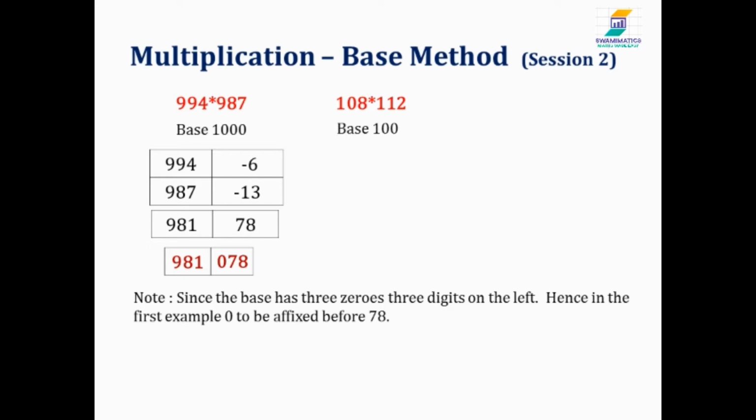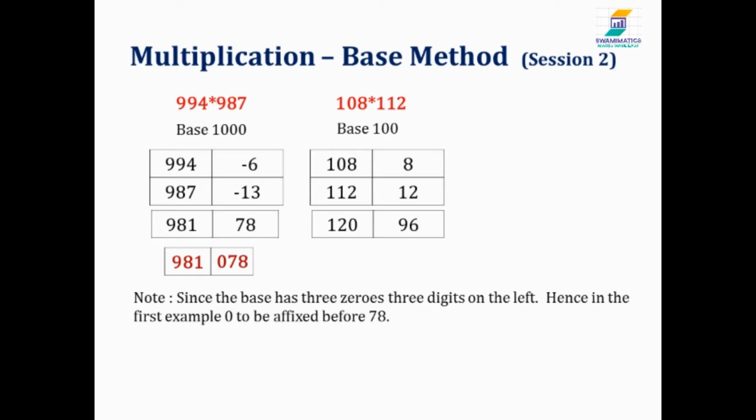Now, as earlier, 108 is 8 more than 100, 112 is 12 more than 100. Then the cross operation will result in 120, and 8 into 12 is 96. Now when you look at the number on the right side of 120, it is exactly two digits for two zeros. That means your answer is straight away 12096.